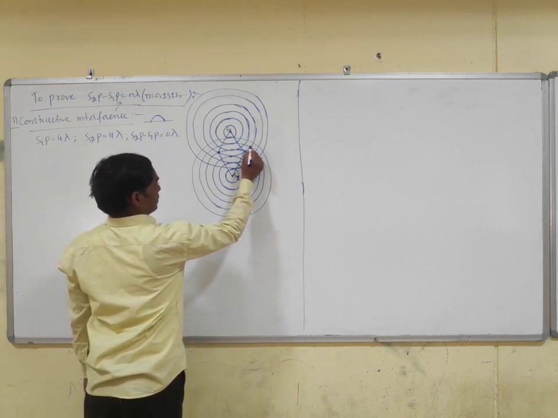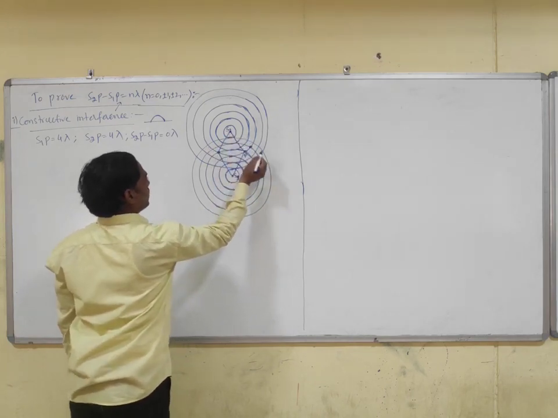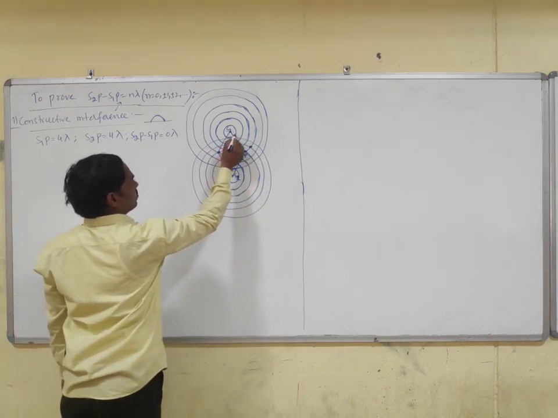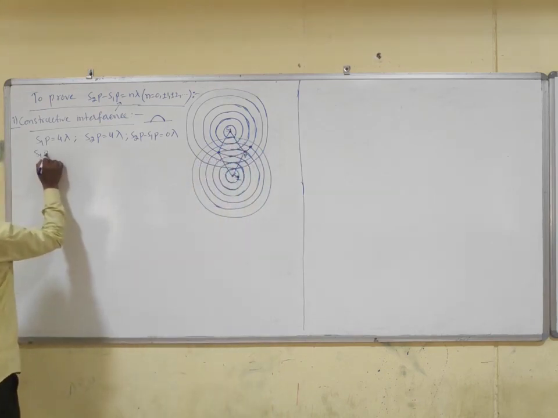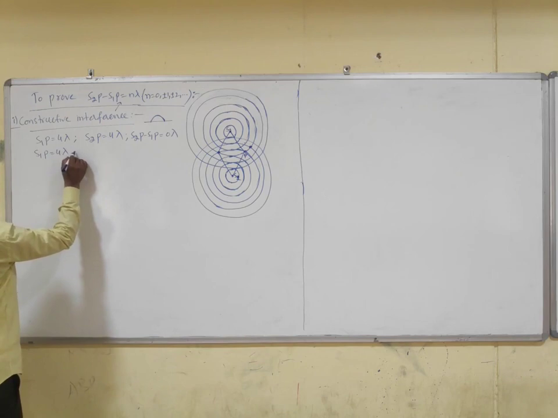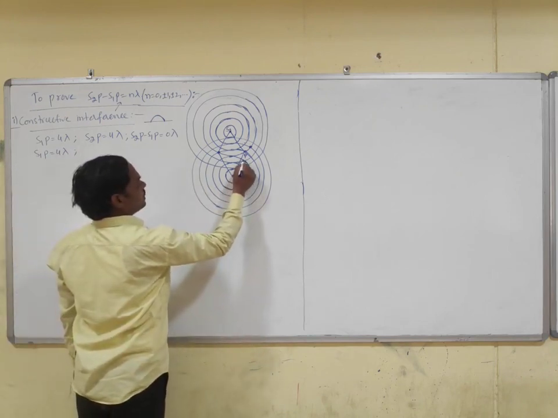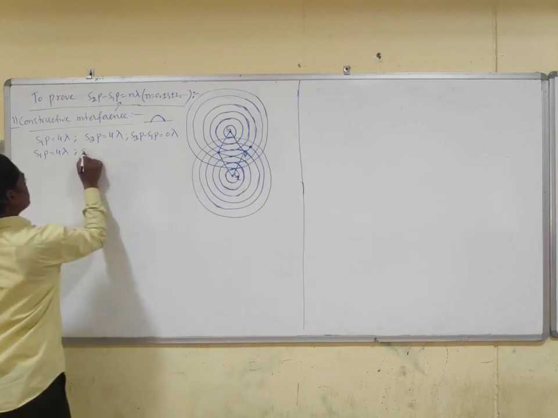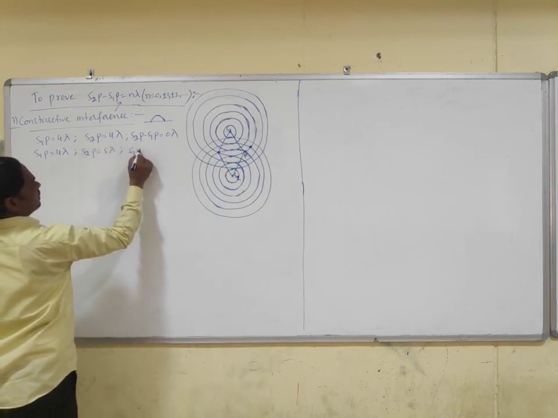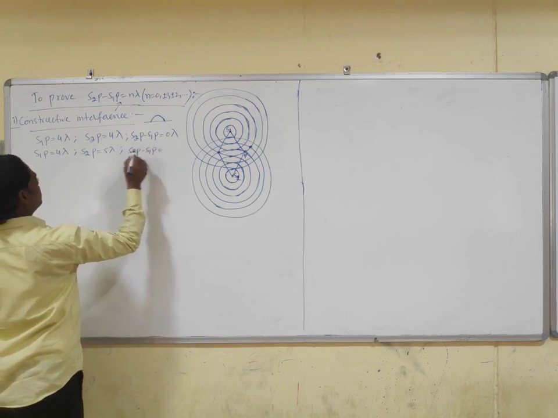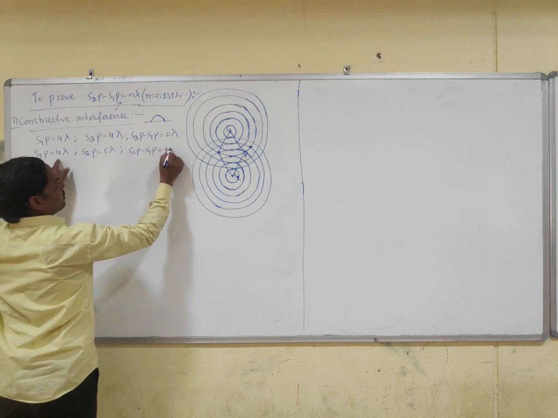Next, let us take this point. Then count how many wavelengths there are. 1, 2, 3, 4. S1P is equal to 4 lambda. Now from S2, 1, 2, 3, 4, 5. S2P is equal to 5 lambda. So S2P minus S1P is equal to 5 minus 4, plus 1 lambda.